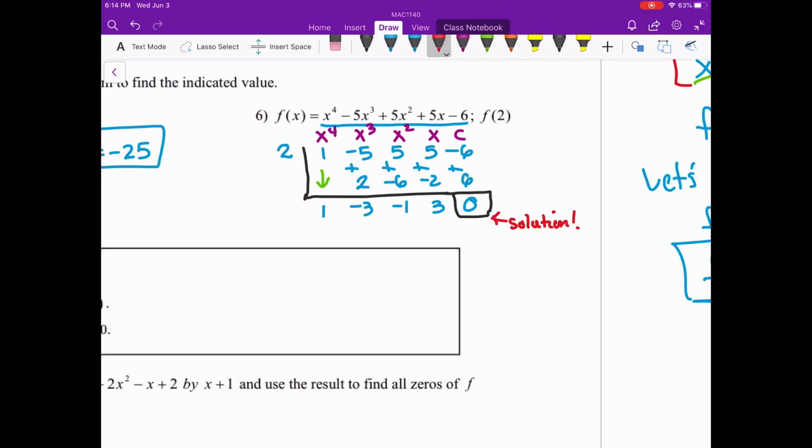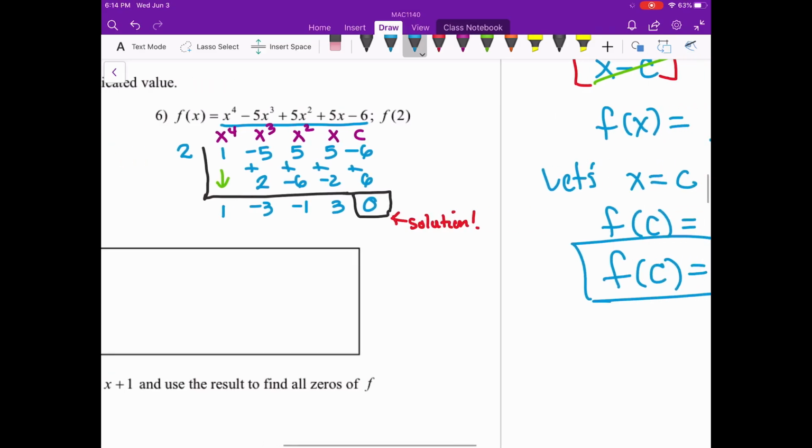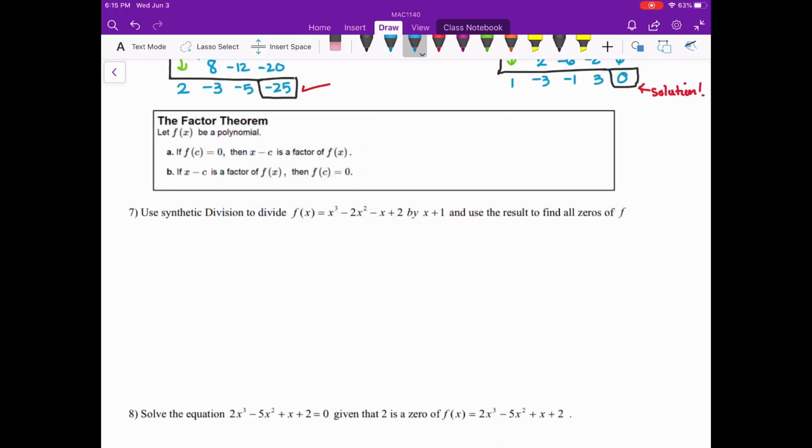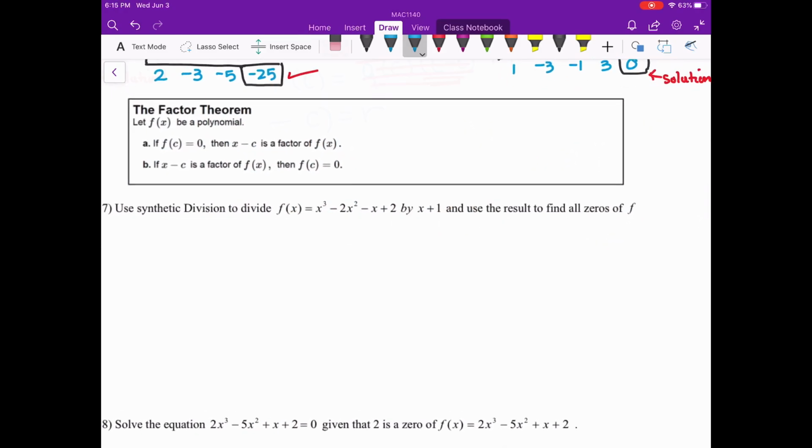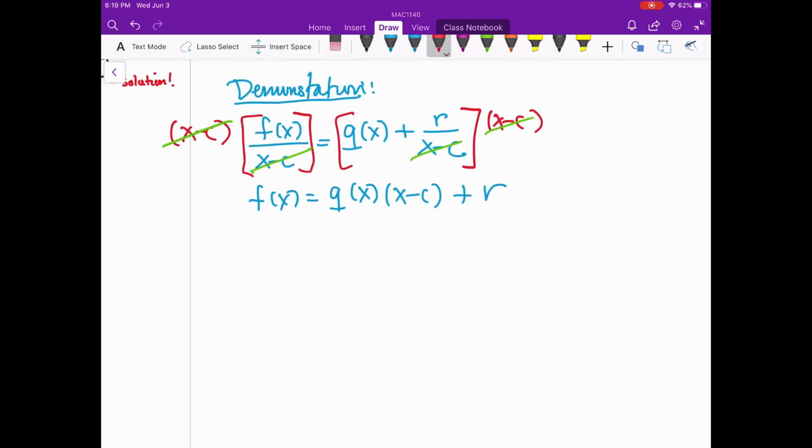So my solution is 0. Now I can say that f of 2 is equal to 0. And this is another one called the factor theorem. I'm going to demonstrate. Now, if the remainder is equal to 0, this is going to cancel, and you will end up with f of x equals q of x times (x minus c).